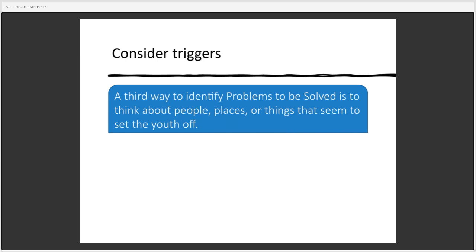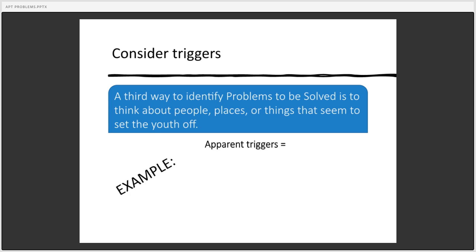A third way to identify the problems to be solved is to consider triggers. And just to think about what triggers this person, right? What are the things that happen that seem to be dysregulating to them? And thinking about people or types of people, places, or things that seem to set them off in some way.